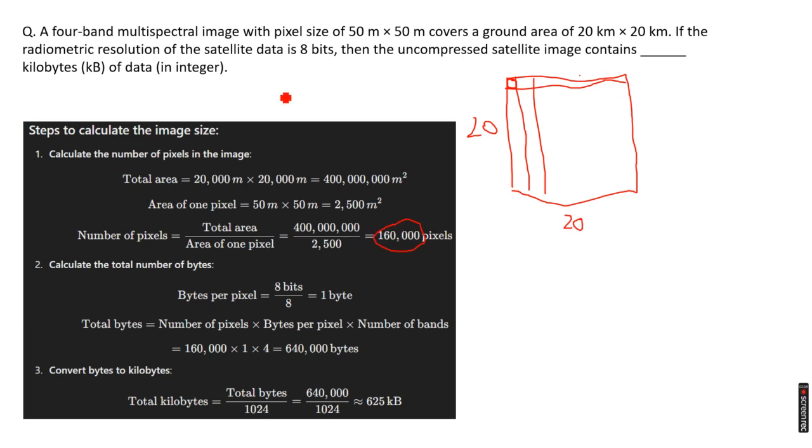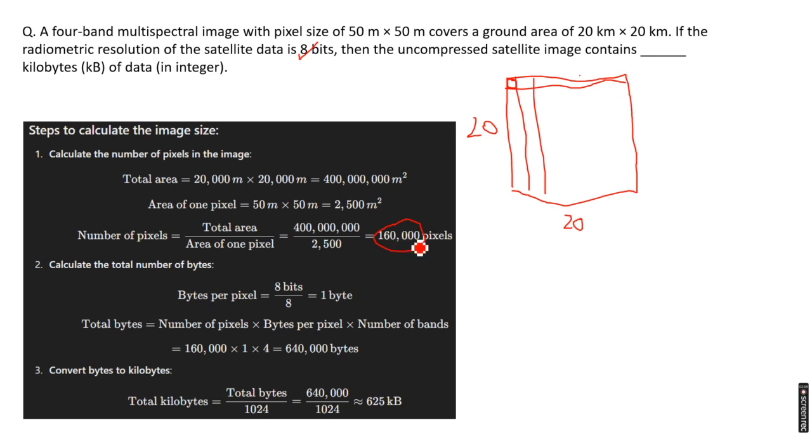Then multiplied by 8, you will get the total number of bits. And to convert that into kilobytes, since they asked us in kilobytes only, we will convert into bytes. So 8 bits means 1 byte. So we know that it is 1 lakh 60,000 bytes only.